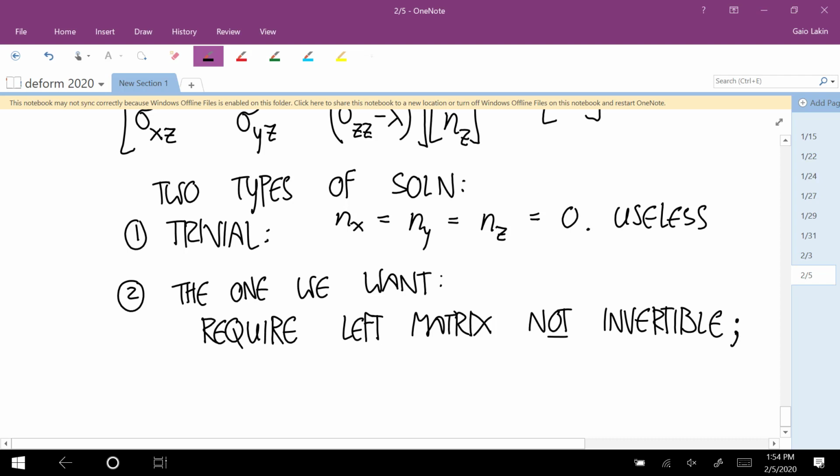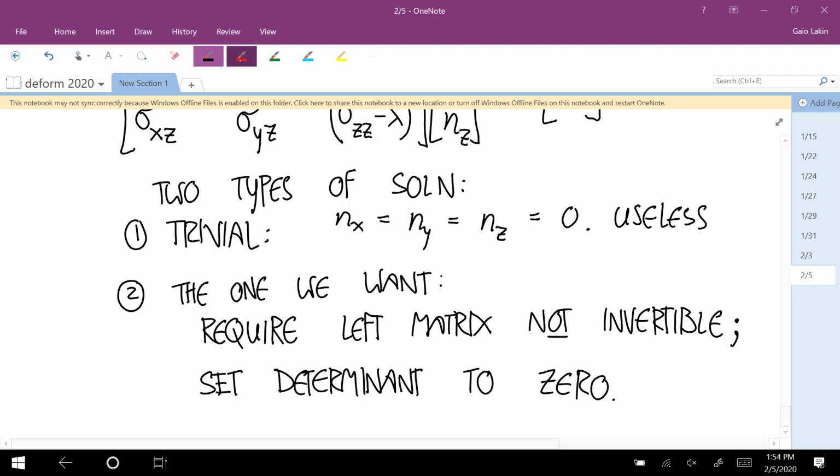And we're going to do that by finding where the determinant of that matrix is 0. So set the determinant equal to 0. And that's where we'll stop right now.